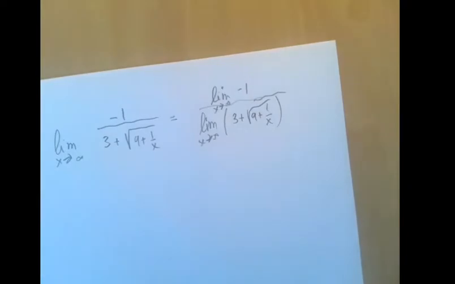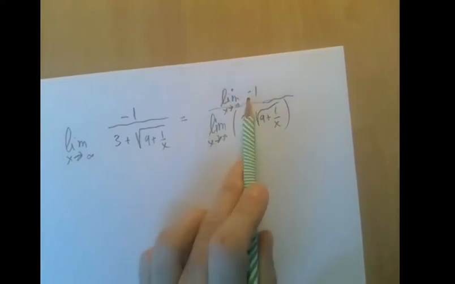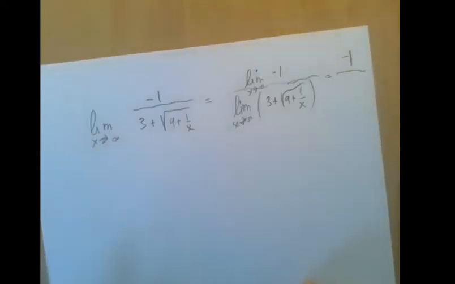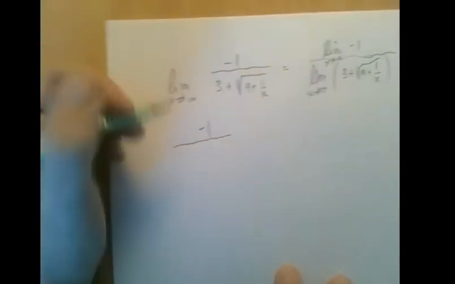Right, we just took apart the top and the bottom using the quotient rule of limits. And then by the constant rule, this already equals -1. Here, there's no space, so I'm going to move. So the numerator is already -1 by the constant rule.